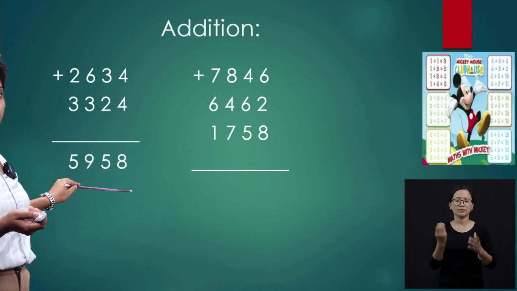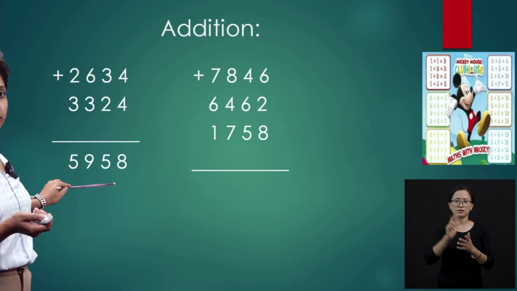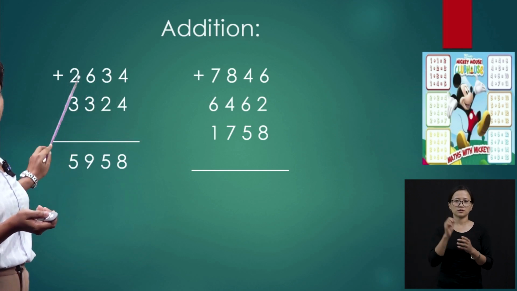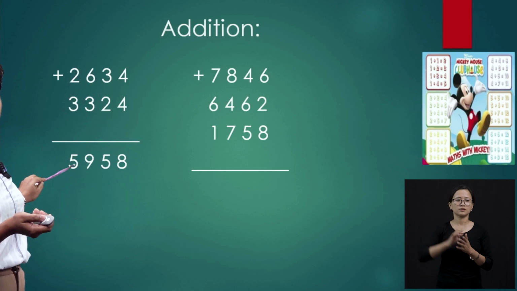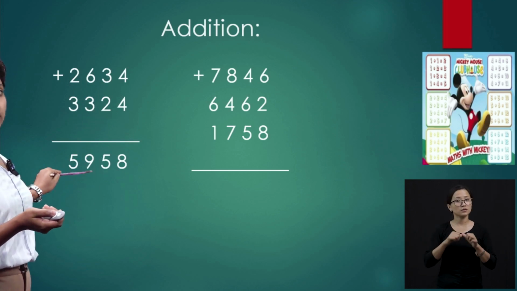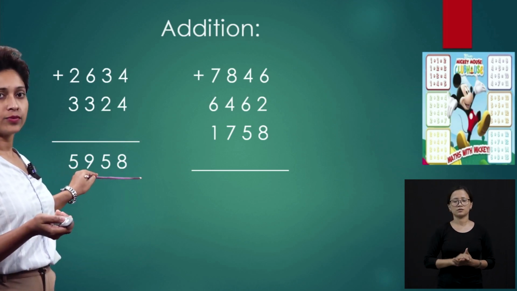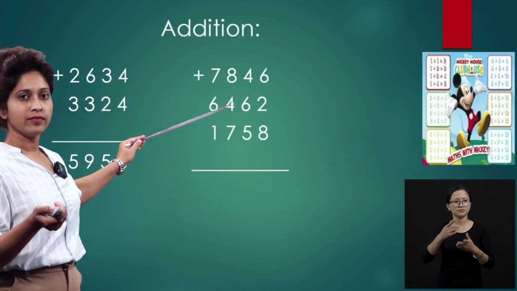When you add them up, what will you get, children? You'll get 8. Then you have 3 plus 2, you get 5. You have 6 plus 3, you get 9. You have 2 plus 3, it will be 5. So, the total amount is 5,958, right?